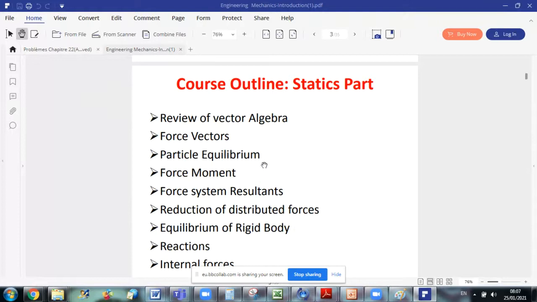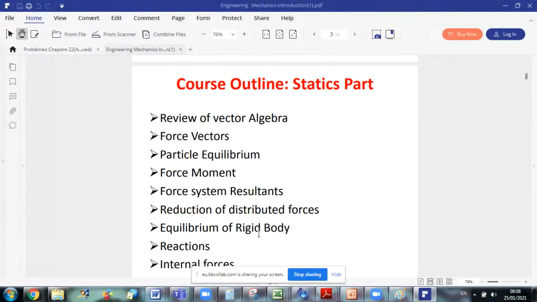What is mainly the difference between particle and rigid body? Do you have an idea? Who knows? What is the difference between a particle and a rigid body? I think a particle is one point in space, and a rigid body is an object.